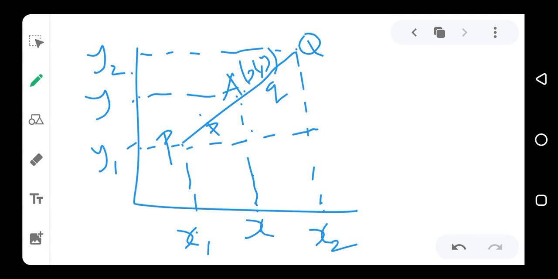Now in our formula for division, let's say in internal division, we can say that PA over QA is the ratio of division.